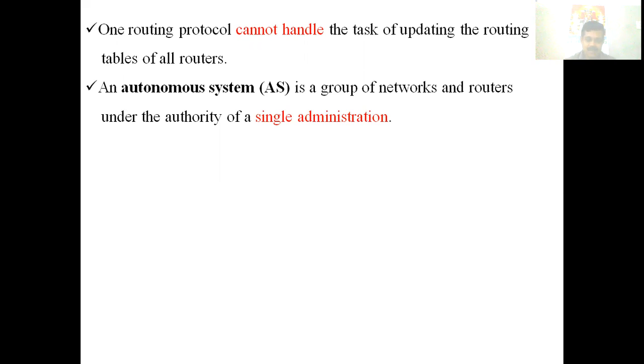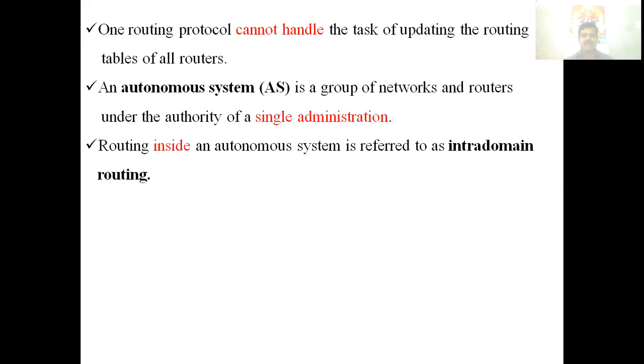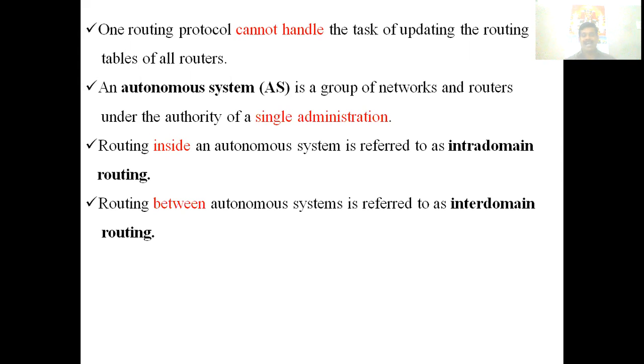Routing inside an autonomous system is called intra-domain routing, and routing between autonomous systems is called inter-domain routing.